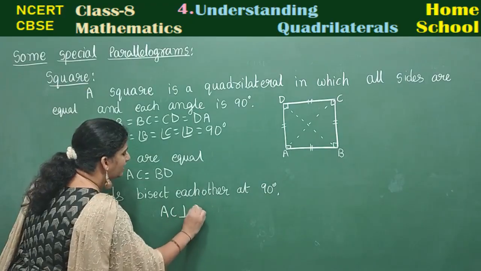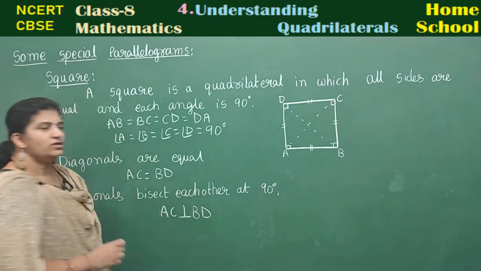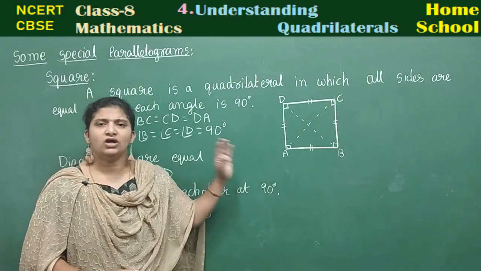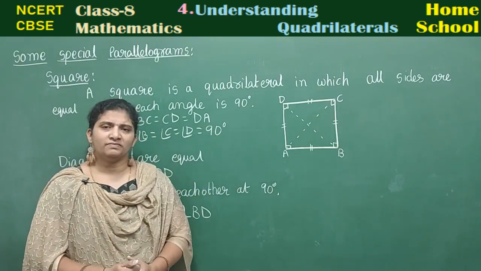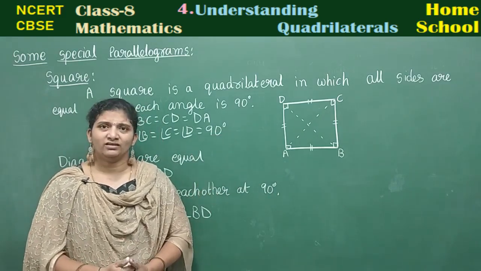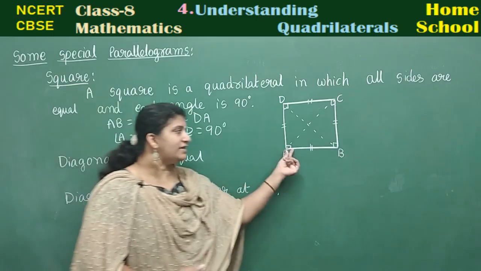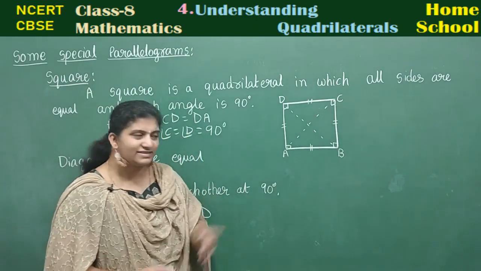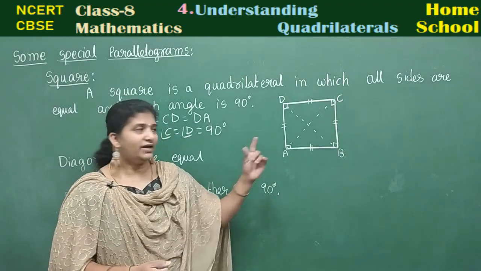AC is perpendicular to BD. So one thing you need to understand: it satisfies all the properties of a rhombus. Then what is the difference between a rhombus and a square? In a rhombus, the angles are not perpendicular. All sides are equal in a rhombus, right?